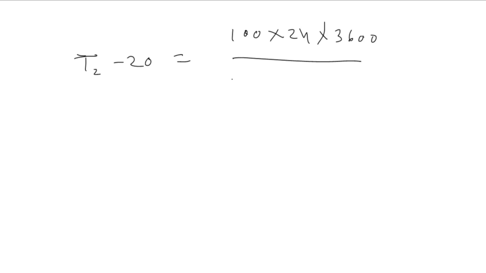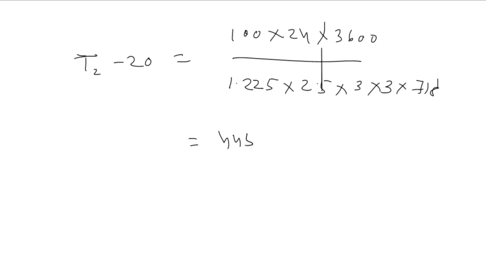Now the value will come: T2 minus 20 equals 100 into 24 into 3600 by 1.225 into 2.5 into 3 into 3 into 718, that will come to 445.68 degree Celsius.